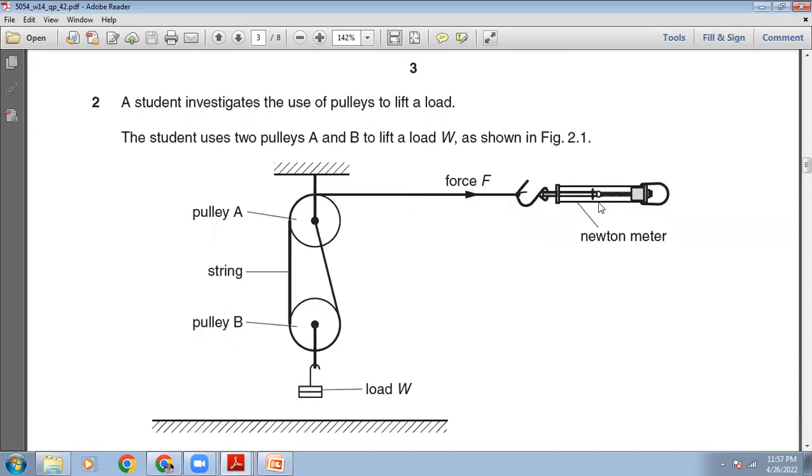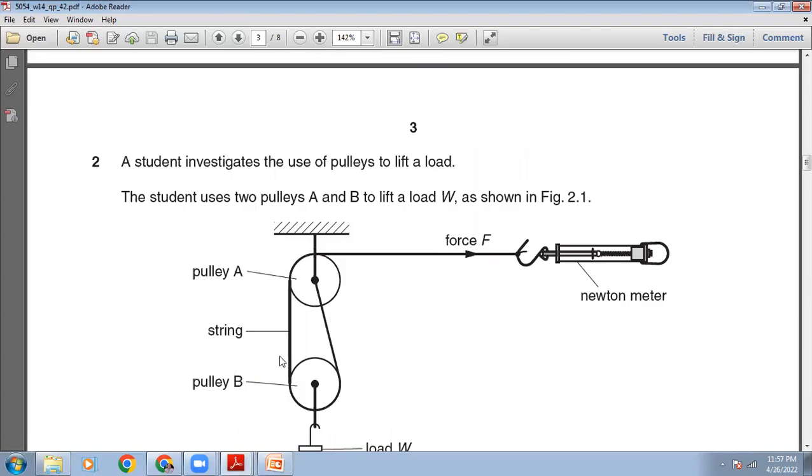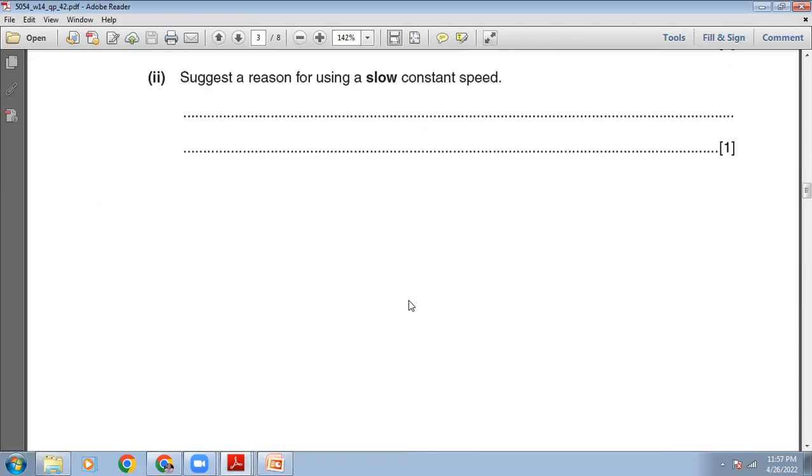The reason for a constant speed is you do not want the pointer to shake or vibrate. You want it to remain steady, and that is achieved when you move with a constant speed. Why do we use a slow constant speed? So that the pointer is steady and you are able to read the reading on the Newton meter. By mistake, I used the word meter rule. It's not meter rule, it's Newton meter.